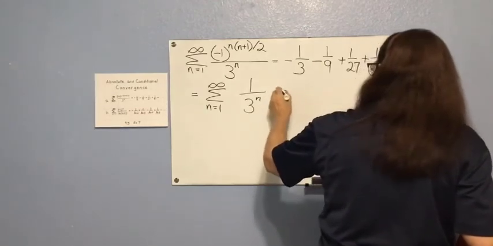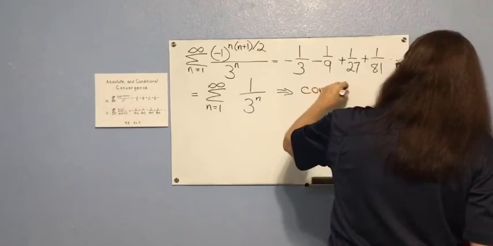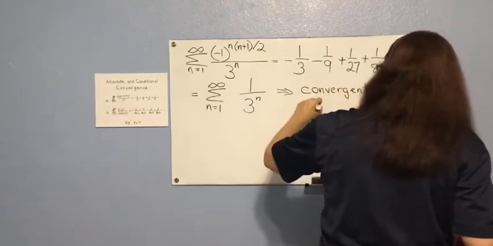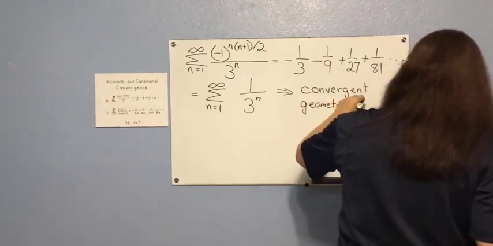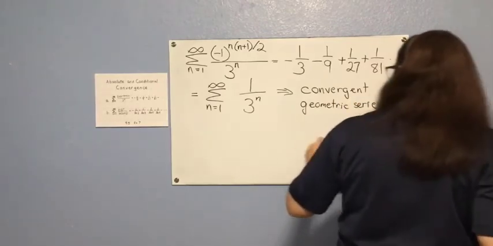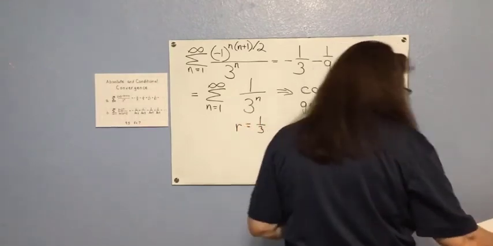And this is a convergent geometric series, and my r is equal to 1/3.